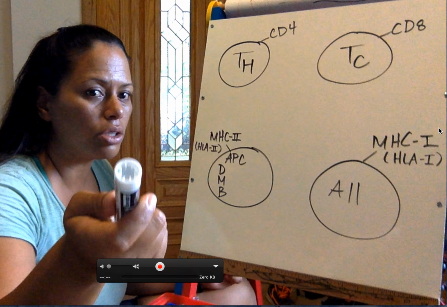So let's say that it's one of these 3 types of cells. The 3 types of cells are dendritic cells, or macrophages, which are big eaters anyway, right? Or even B cells that assist in macrophage activity.